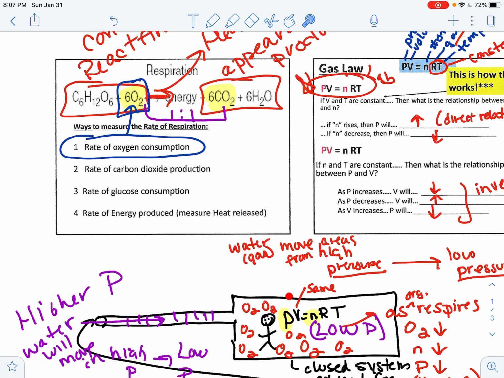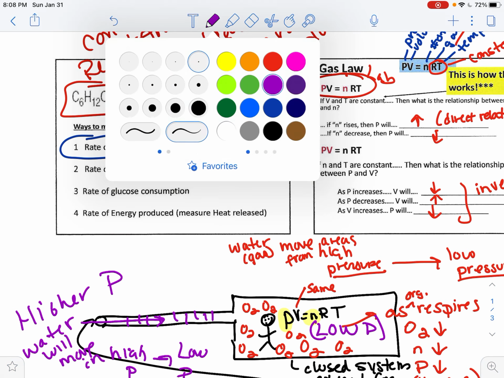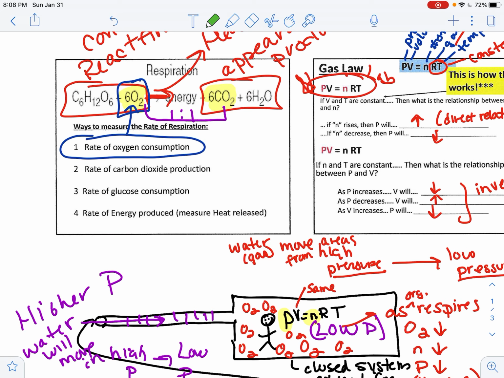It would take in oxygen, but it would give off CO2. And N wouldn't change, and pressure wouldn't change, and none of this would work, okay? This method wouldn't work. However, we have a way to get rid of the carbon dioxide gas as the organism breathes it. Okay, now it is going to breathe out carbon dioxide.